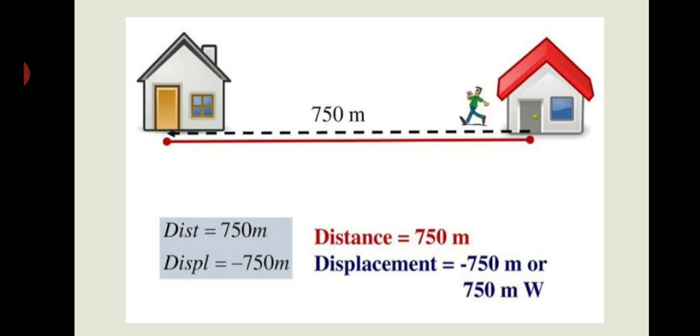But his friend's house is on the west side, that is the opposite side. Therefore, here we consider displacement as 750 meter west or minus 750 meter. This minus sign shows the direction of the west side.